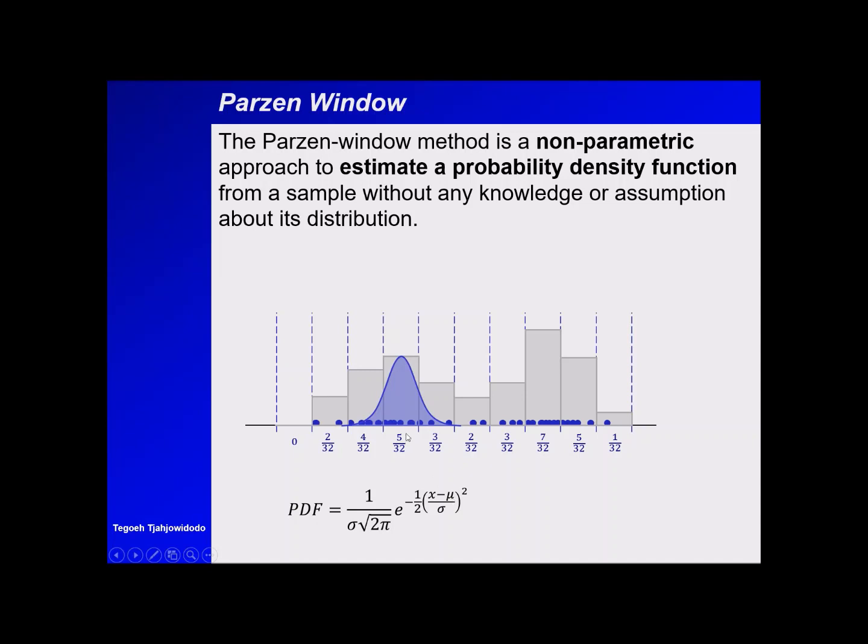The mu is the middle value of this normally distributed PDF, and sigma represents how wide this function will be. The smaller the sigma, the more spiky my plot will be. The larger the sigma, the wider my PDF will be, right?